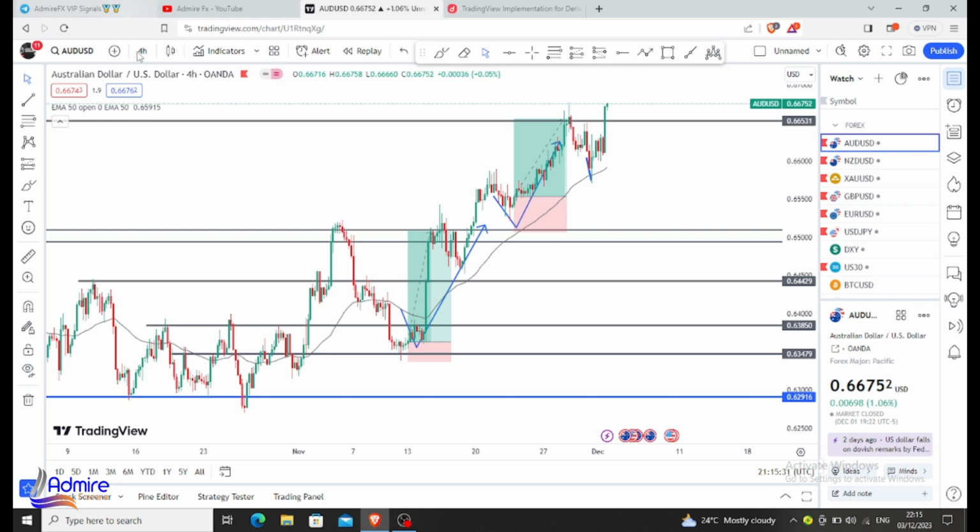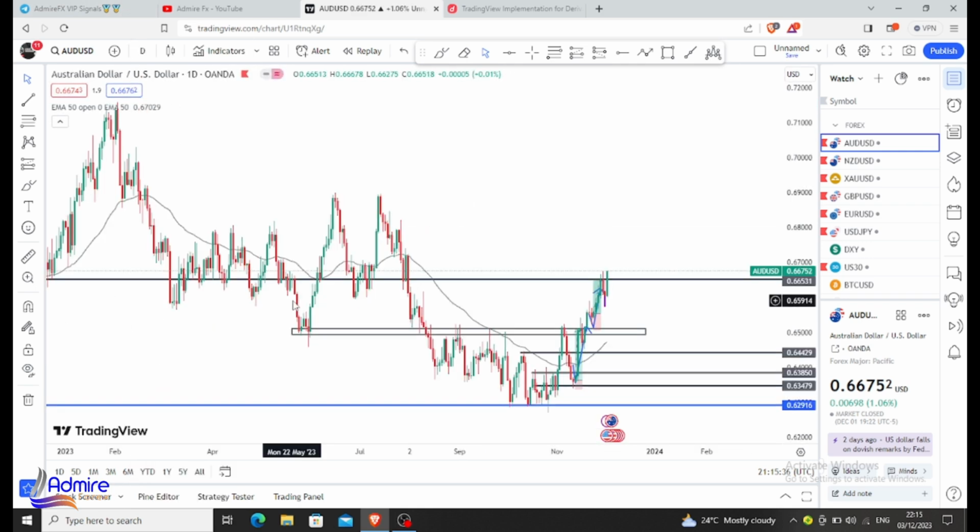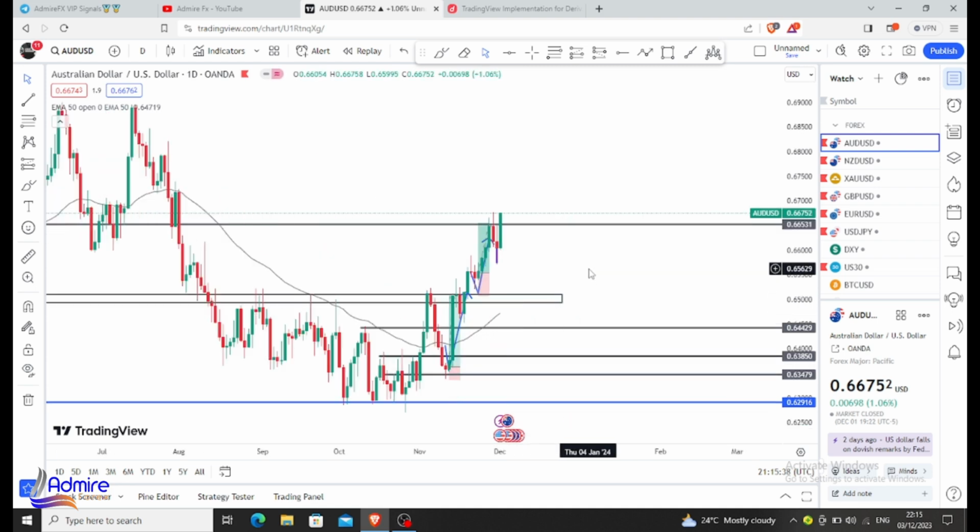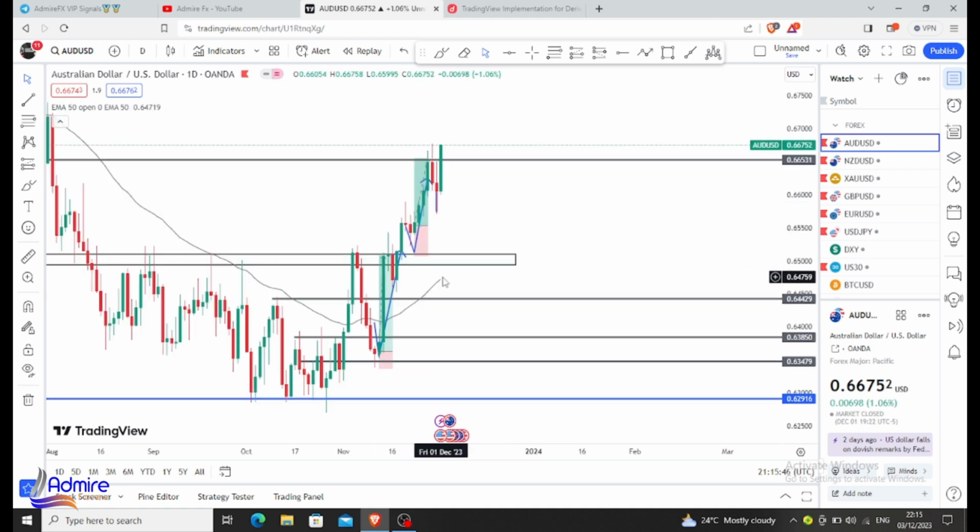So we'll be looking at what way we can make possible entries for this week. If you guys can remember, way back in several videos I said that you should not miss an entry from AUD USD. Why? Because any entry you make is going to be a swing trade. It's a kind of trade that you can hold for days and for weeks, even for months.